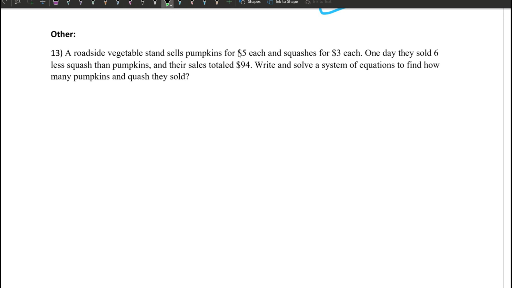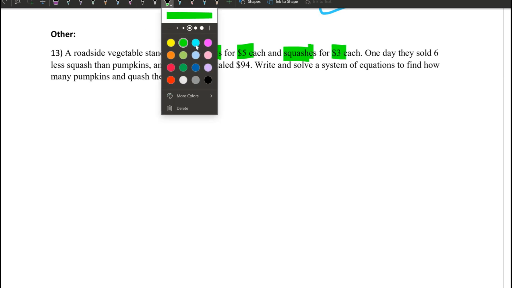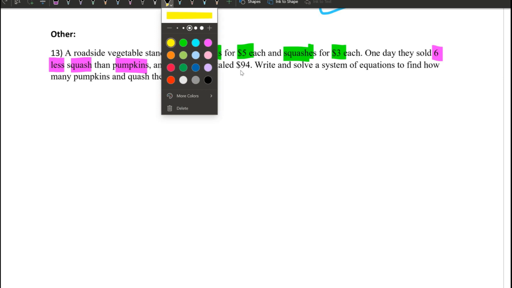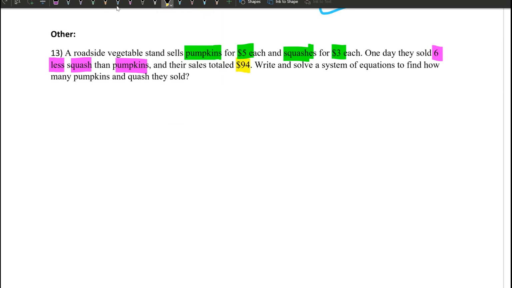Alright, so it's a little different. $5 for pumpkin, and squash is $3. One day they sold 6 less squash than pumpkin. So I'm struggling with this one a little bit. I'm going to tell you how to do it in a second. Okay, and the total sale is $94. So first, one day they sold 6 less squash than pumpkin.